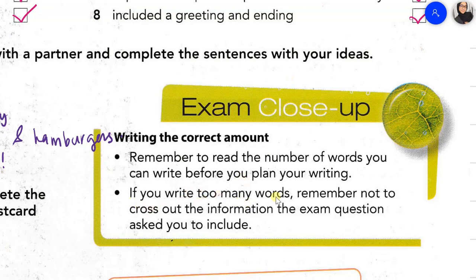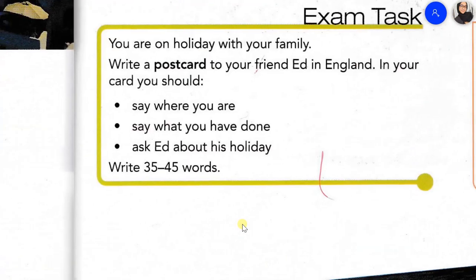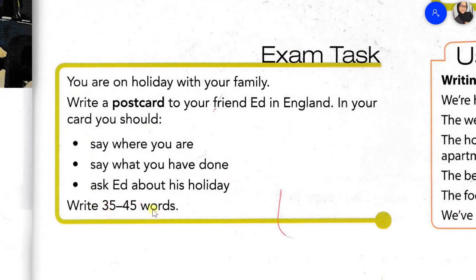If you write too many words, remember not to cross out the information the exam question asks you to include. So basically write the correct amount of words with the information required in the exam question. Don't miss out the information required, and also write your postcard in the appropriate amount, in the amount that you were asked to, 35 to 45 words.